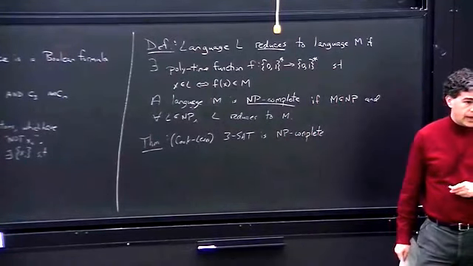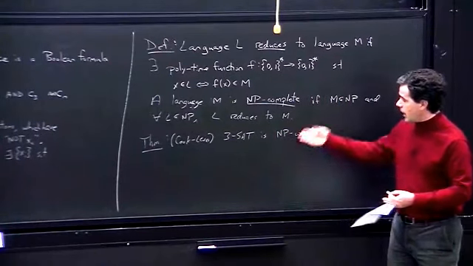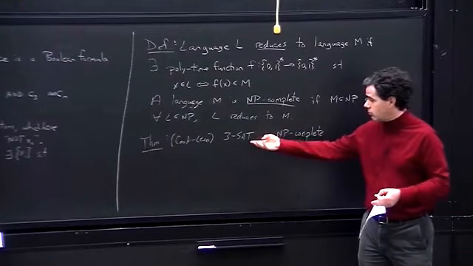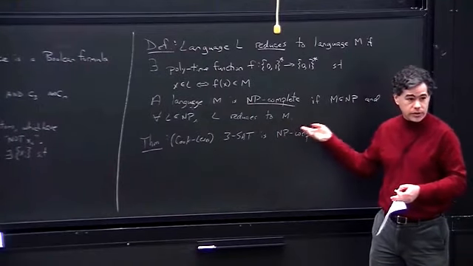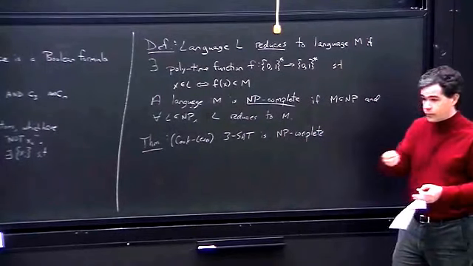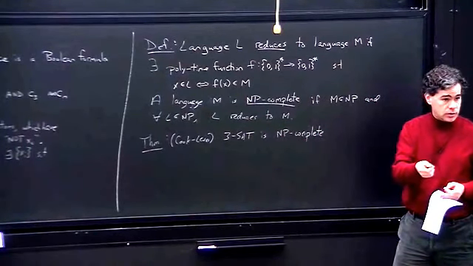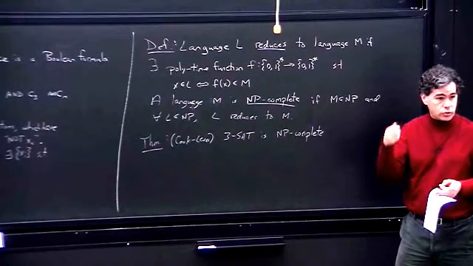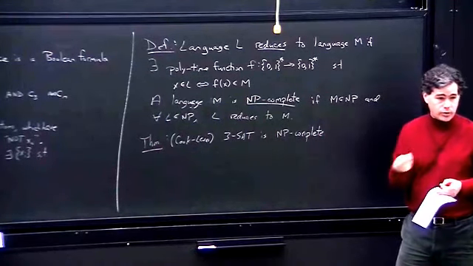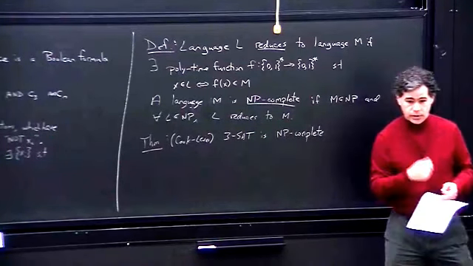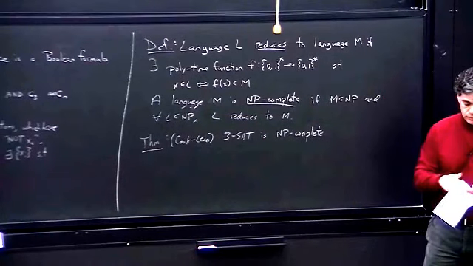If you can find an efficient algorithm that could solve it, that means that for every language in NP, you could reduce it to 3-SAT, and then use your algorithm to solve it. So you could then have an efficient algorithm to solve any language in NP, which would imply that P is equal to NP.